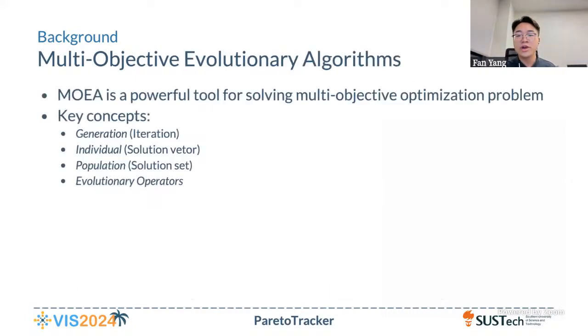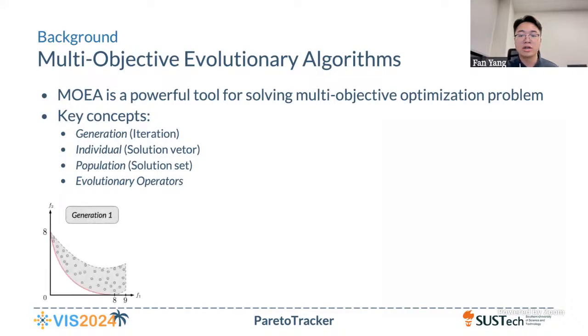Multi-objective evolutionary algorithms have emerged as a powerful tool for solving complex multi-objective optimization problems. To understand these algorithms, we need to grasp several key concepts. A generation refers to a single iteration in the entire process. An individual is a single solution vector that represents a potential solution to the problem.